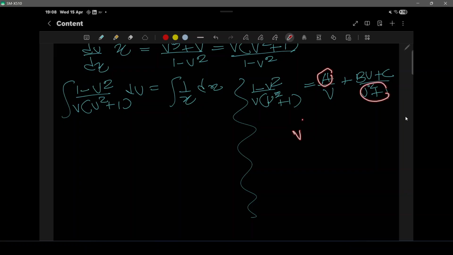Here we have v squared plus 1. So highest power is 2. So since the highest power is 2, the numerator should be like bv plus c. So it should be a polynomial with v to the power 1 as the highest power. Degree, in the context of algebra, for a polynomial means the highest power.